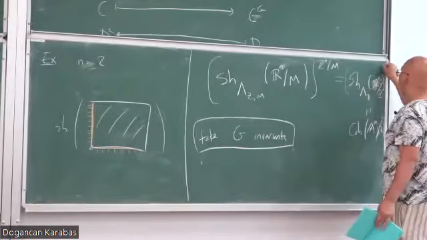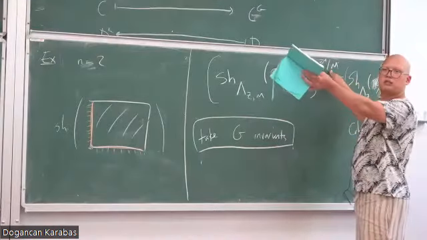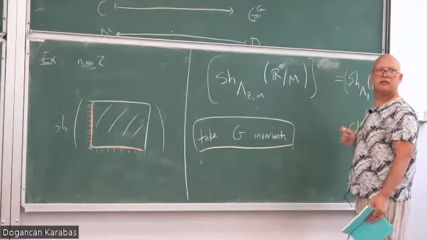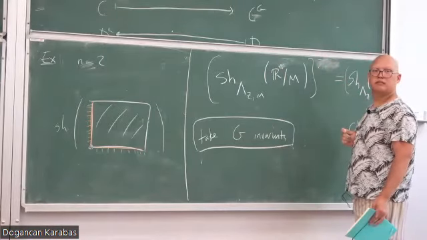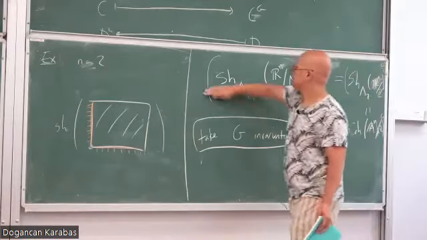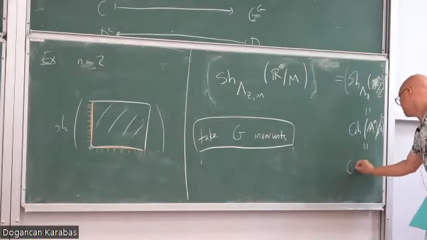Who knows what it does to this? But what it does to this, according to this Pontryagin duality, is just get rid of this guy. Okay, so that's it. Let me do this code.